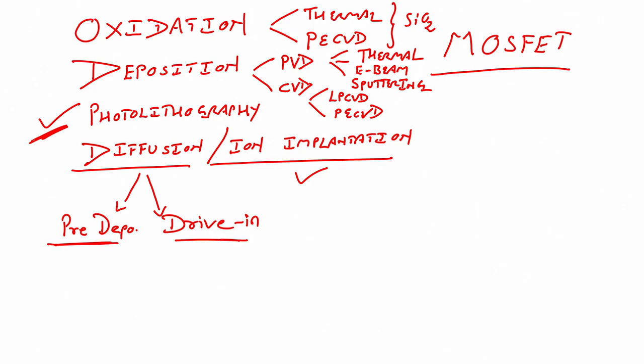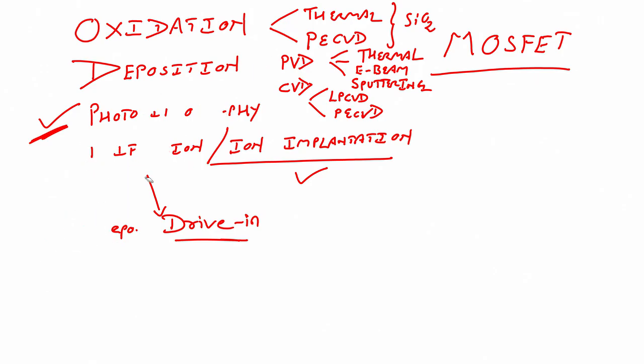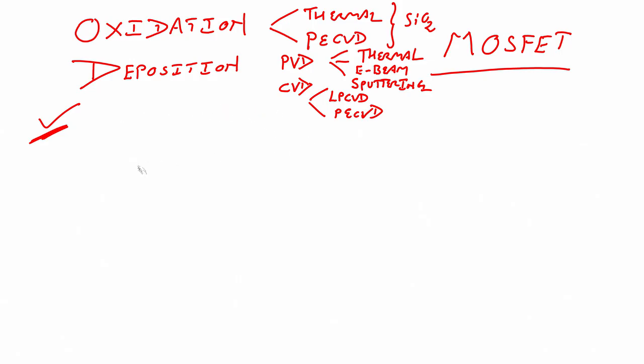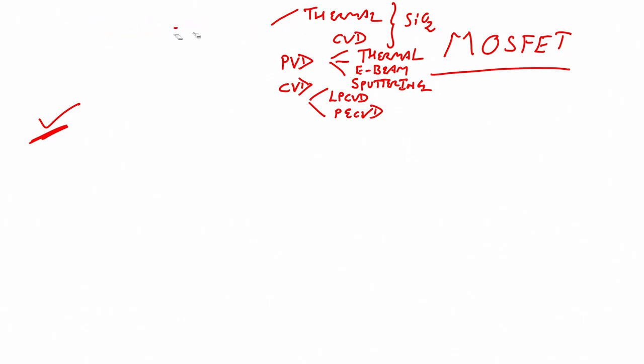Last lecture we saw that using photolithography, I can inspect the pattern created by the photoresist. Now, what if there is a metal?